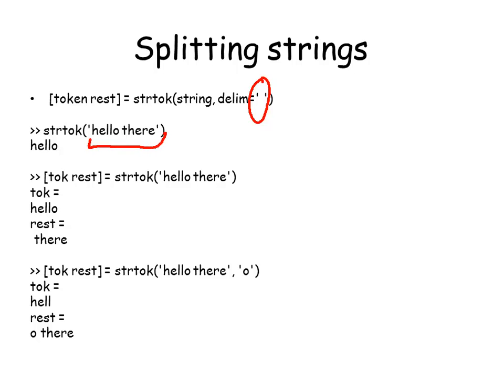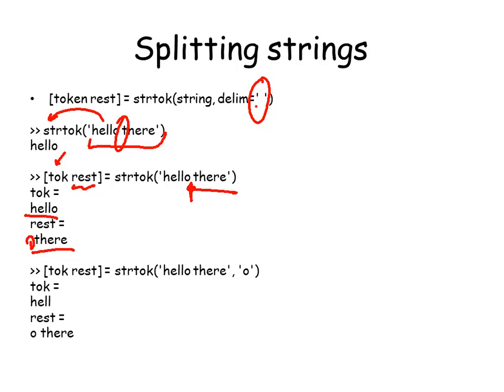If you provide a string, it will be split by the space characters, and the word up to the space will be returned. If you also want to capture the rest of the string, you can capture it as a second output argument. So the first output will contain hello, the rest will contain the space character and the rest of the string, so the space and then dash.